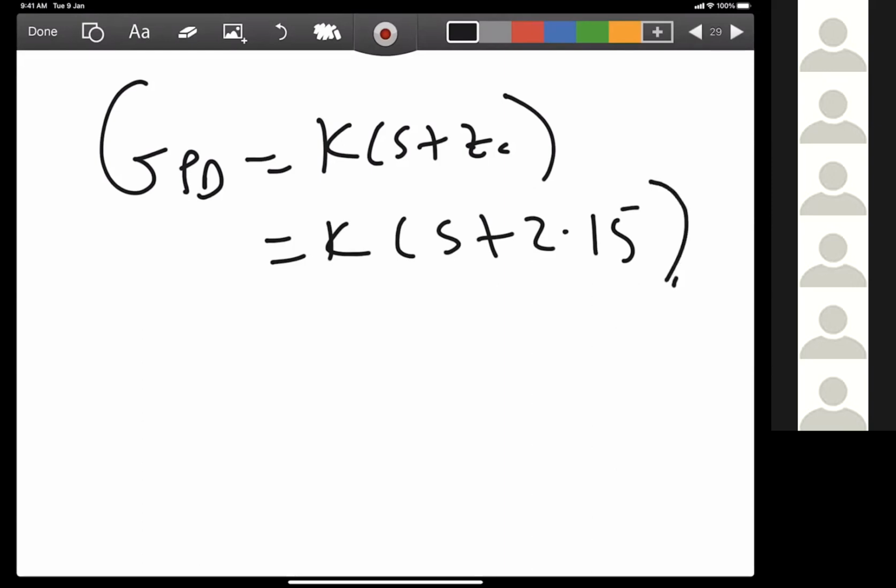Question B. Question B is you are given the plot. And the root locus is shown in the figure Q2B1.